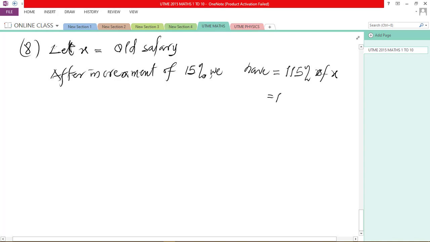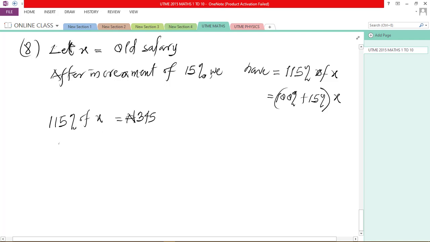What I've done here is 100% plus 15% times x. So which means that 115% of x is equal to the new salary, which is 345.